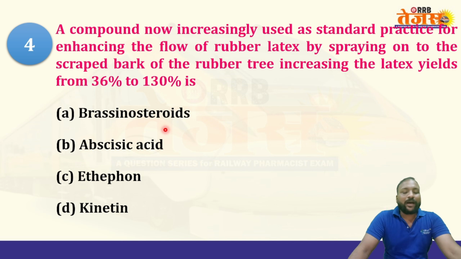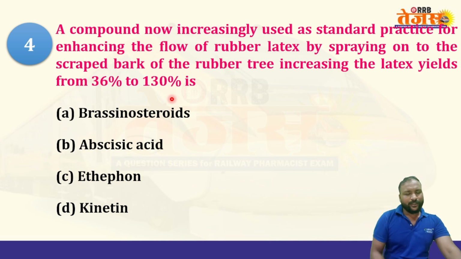A compound now increasingly used as a standard practice for enhancing the flow of rubber latex by spraying onto the scraped bark of rubber tree, increasing the latex yield from 36 to 130%. Simple. They were asking which compound is used to increase the production of latex from the rubber plant.